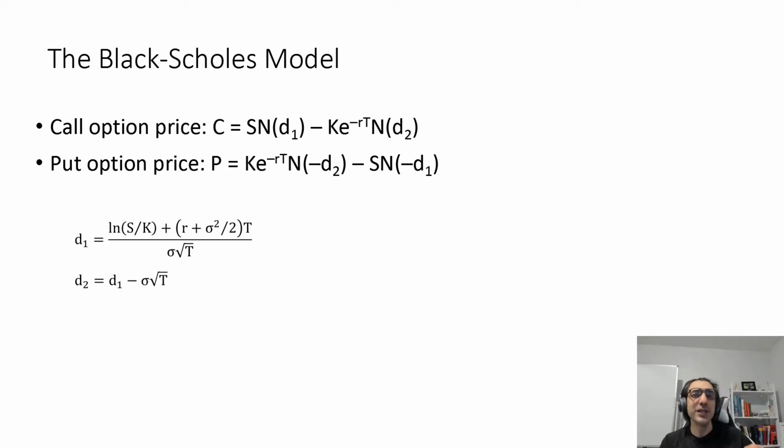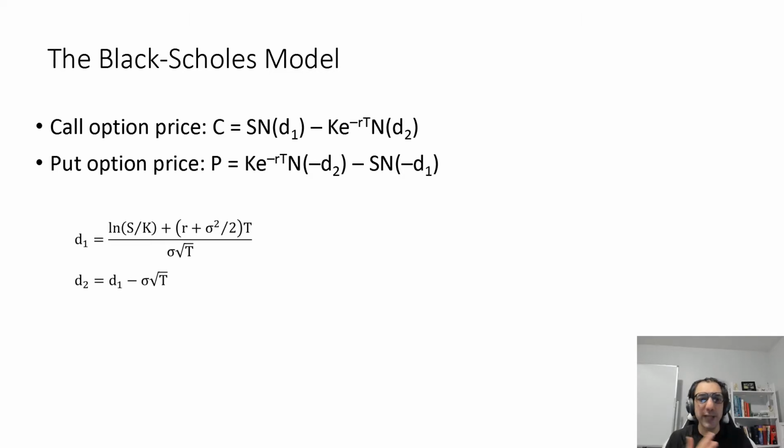The first step here is to find d1 and d2. Maybe you know about S, maybe you know about R or T, but what are d1 and d2? We use these formulas, as you see here, to find d1 and d2. d1 is based on the natural logarithm of the stock price over the exercise price, plus R plus sigma squared divided by 2, times T, and the whole part you should divide by sigma times the square root of T. So we have all the components.